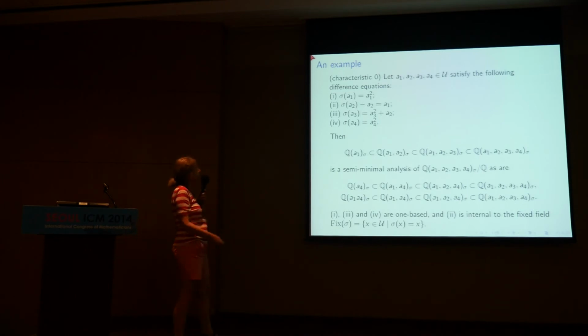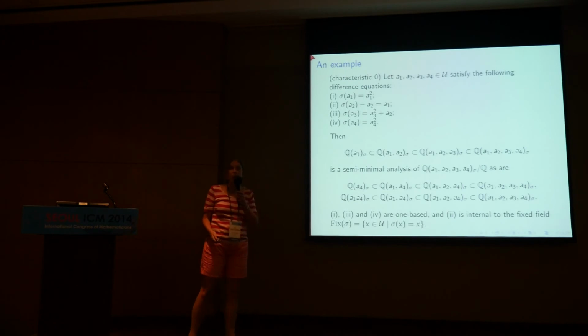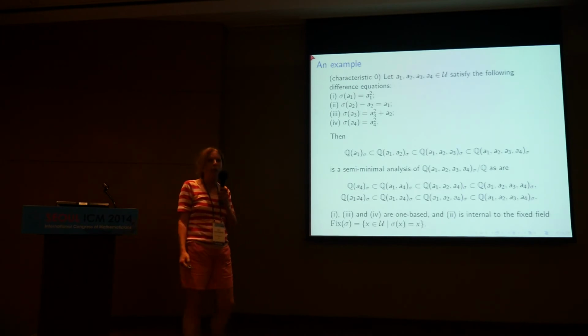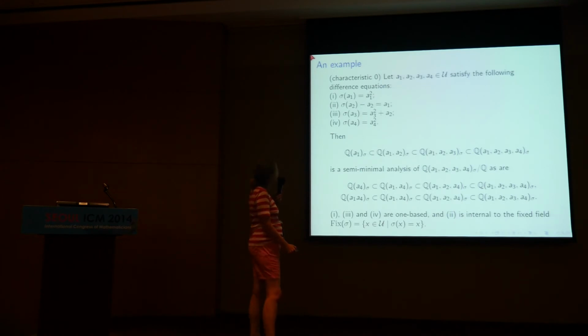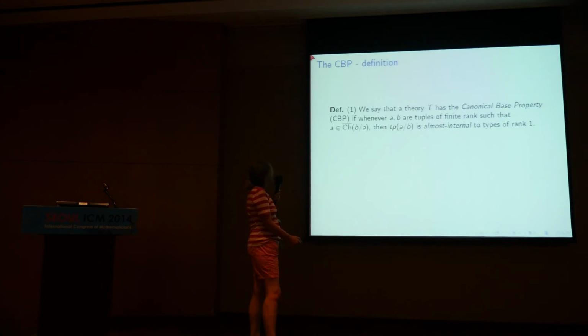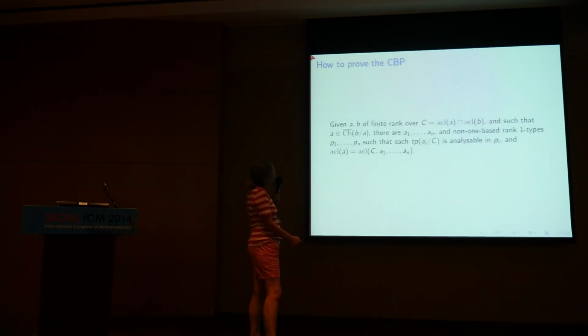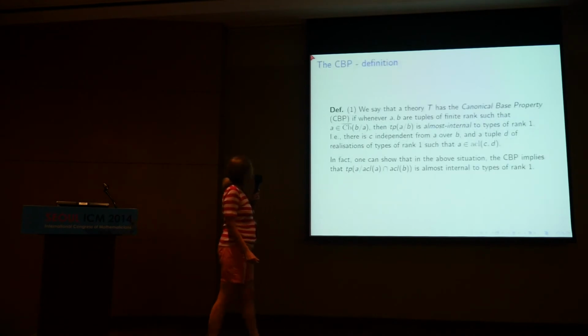But of course, the extension sigma of A2 minus A2 equals A1 is internal to fixed sigma, because once you have a solution, all the others are obtained by adding an element fixed by sigma.